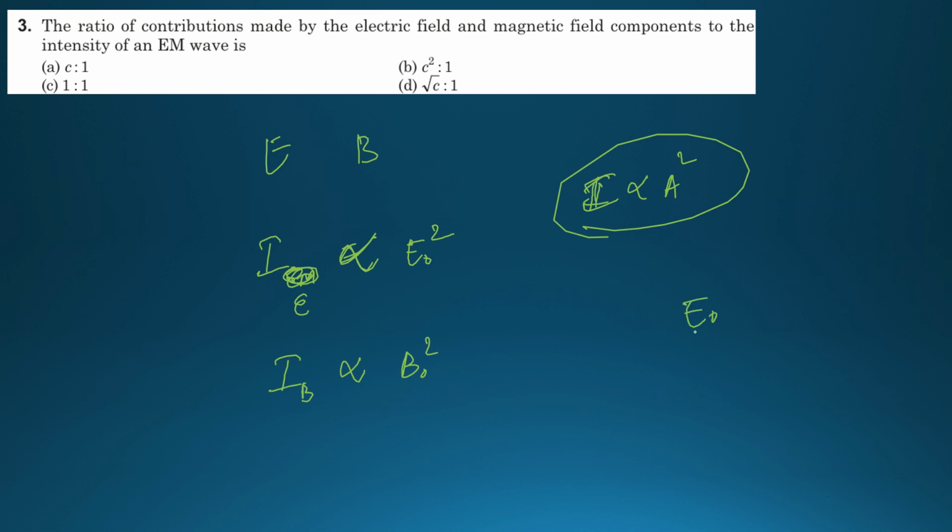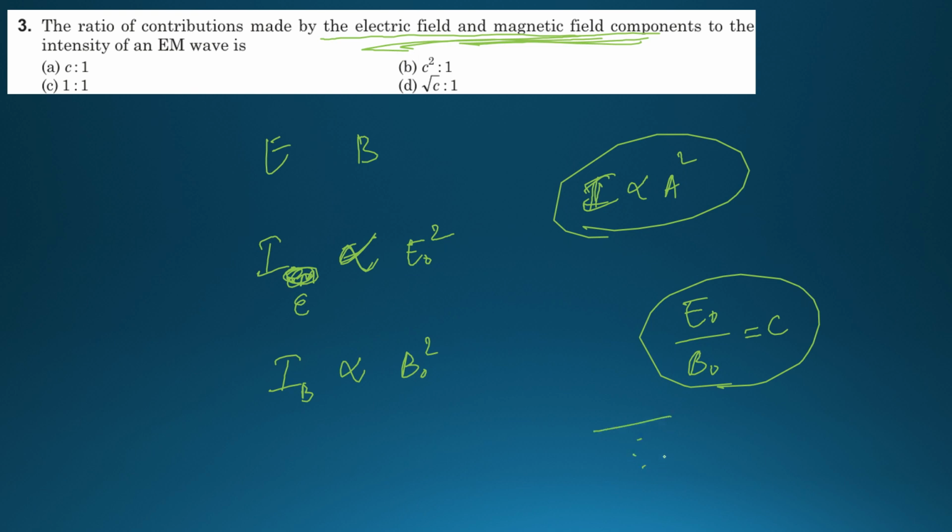We know E naught by B naught is equal to c. Now, the contribution made by the electric and magnetic field components to the intensity of an electromagnetic wave. I'm not sure about this one.